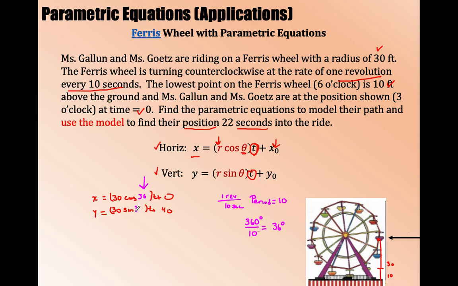And put 36 here. Now 36 is not a special angle, which usually they aren't. So this is obviously a calculator problem. I put this into my calculator, and I say x of 22 and y of 22.